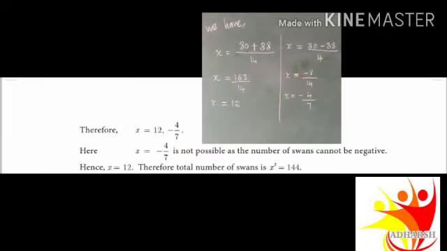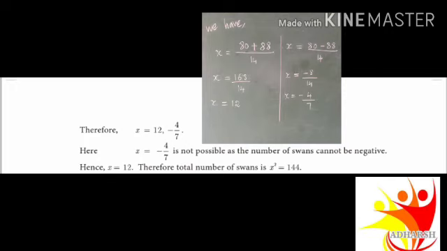Therefore we get the x value is 80 plus 88 divided by 14, and then x equal to 80 minus 88 divided by 14. We simplify that. x equal to 80 plus 88, that equal to 168 divided by 14. Therefore cancel the value, x equal to 12, that is one value.